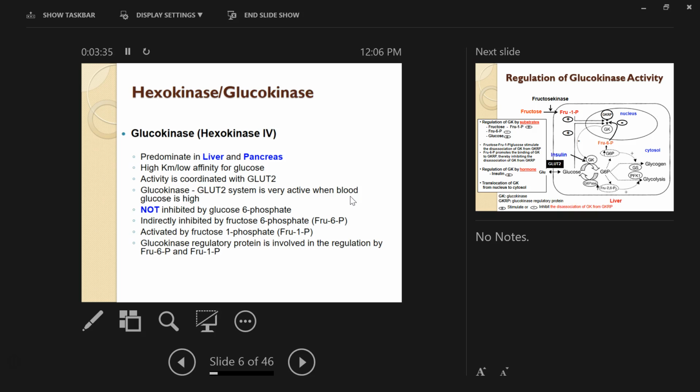And this kinase basically is regulated by blood glucose level, right? And it's not actually regulated by glucose 6-phosphate, but it's regulated by the other type of substrate like fructose 6-phosphate and fructose 1-phosphate.